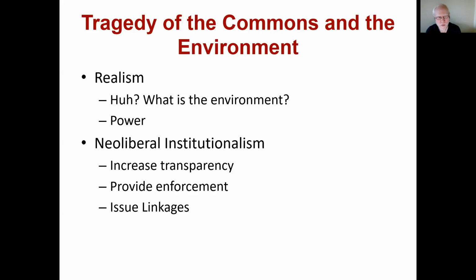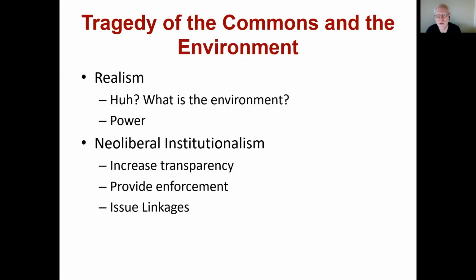Neoliberal institutionalism will look at the use of international governmental organizations or different organizations to increase transparency, provide enforcement, and create issue linkages, right? Many of these problems are related to lack of information about what others are doing, so you don't necessarily know that others are cheating.